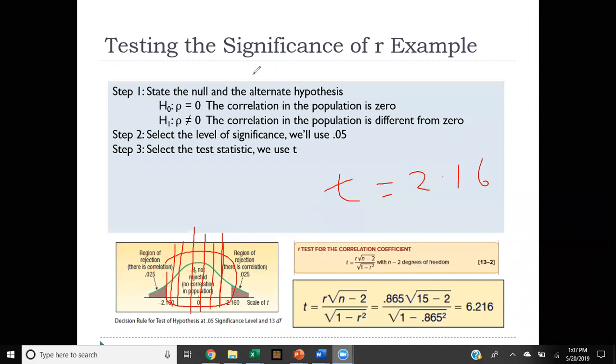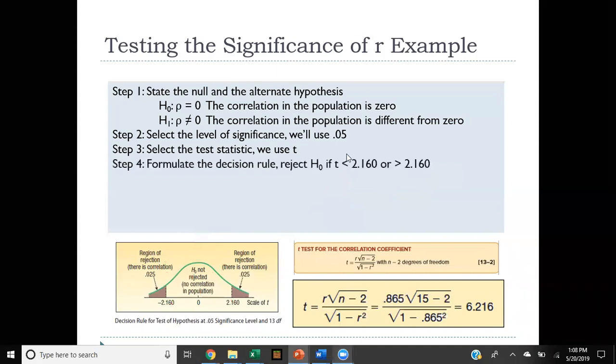Okay, so let's go ahead and test our t statistic of 2.16. Let's go on to step 4. Clear all this, and now we figure out what our decision rule is. Our decision rule is based off of the t values of 2.16 on the upper end of the spectrum and negative 2.16 on the lower tail.